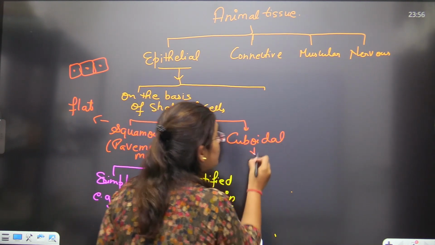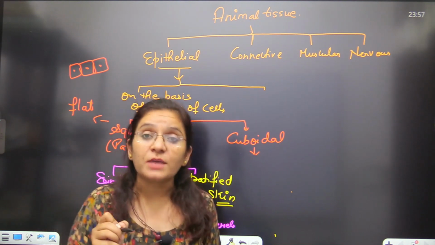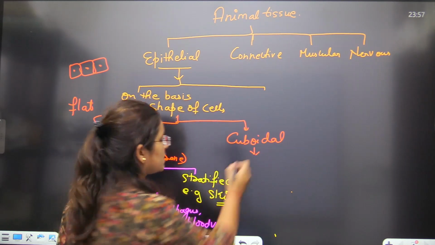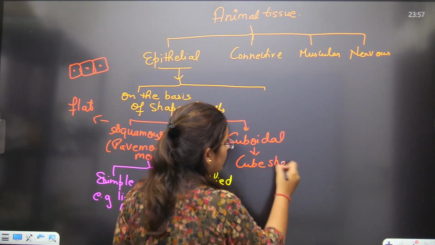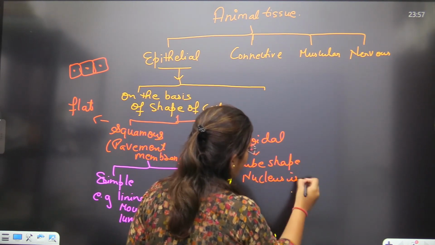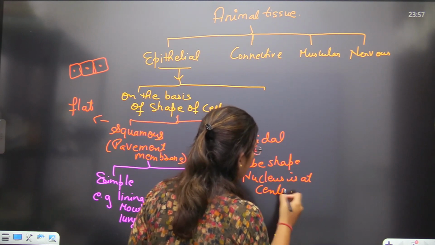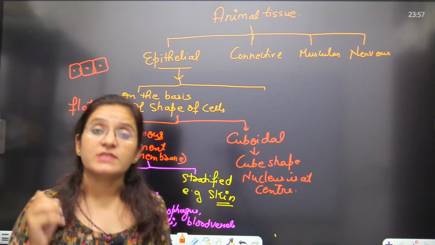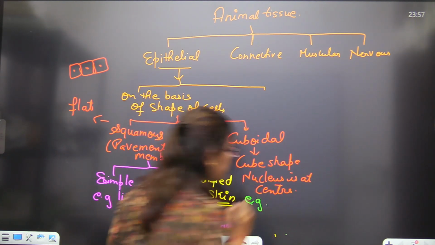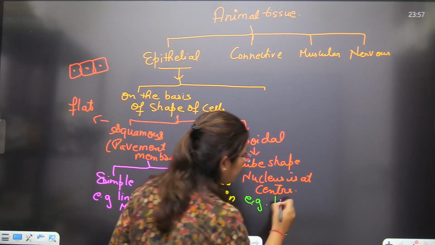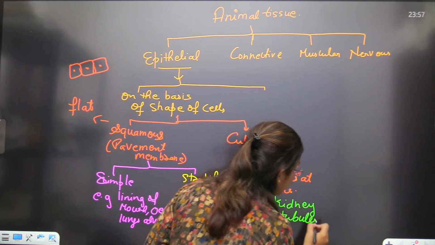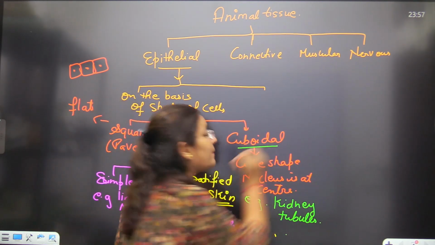Cuboidal epithelium means the shape of the cells is cube shaped, and the nucleus is at the center again. In cuboidal cells, the nucleus will be at the center. And now where are they located? Where will we find cuboidal shape cells? In kidney tubules. In kidney tubules, which cells, which epithelial tissue will we find? It is cuboidal epithelium tissue.